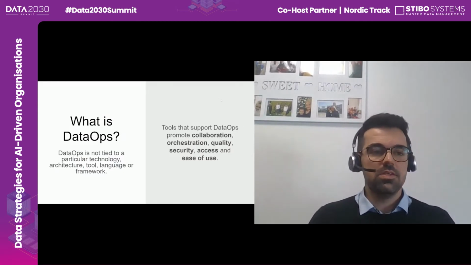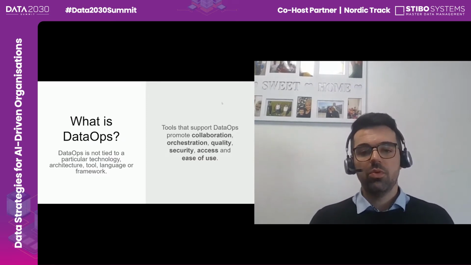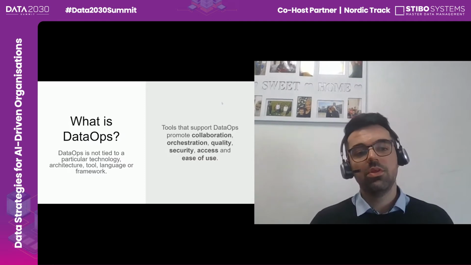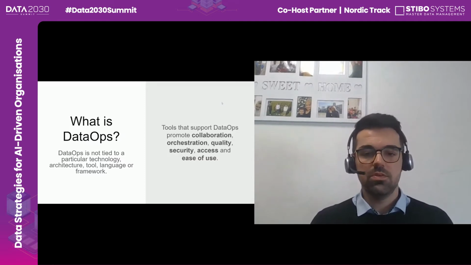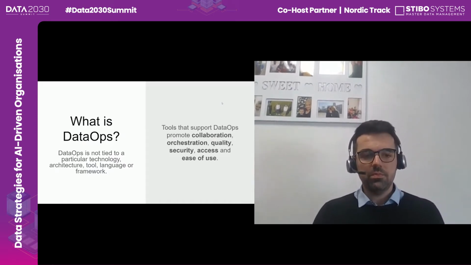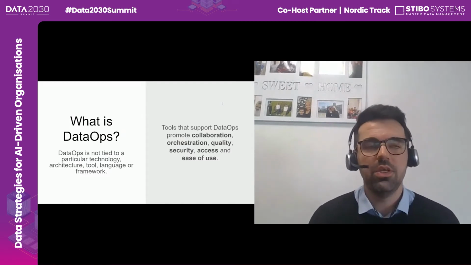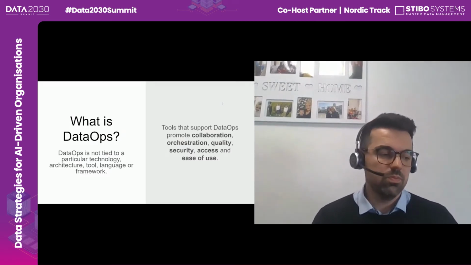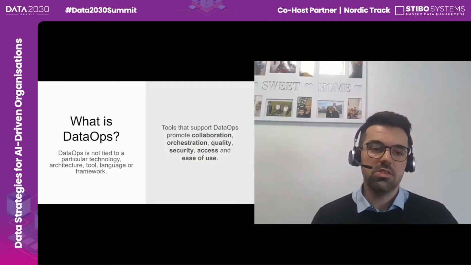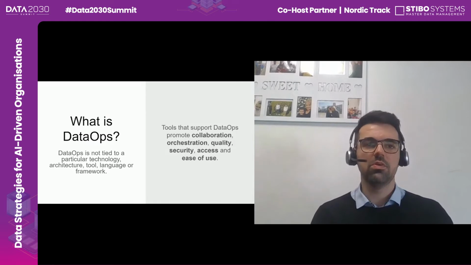Tools, techniques, and also team structures that support DataOps, all of them promote collaboration, security, orchestration, quality, service, access, ease of use. So it has to be really easy to use data and to use it quickly. So you have to be able to get quick access to the data that you need. As you can see, it's actually all about people. And this is something I'm going to tell you on the next slides in detail.